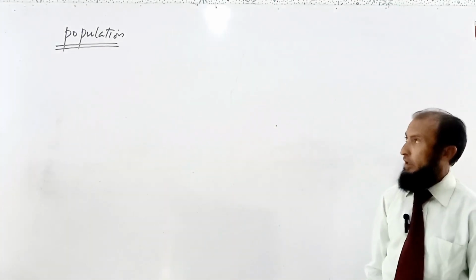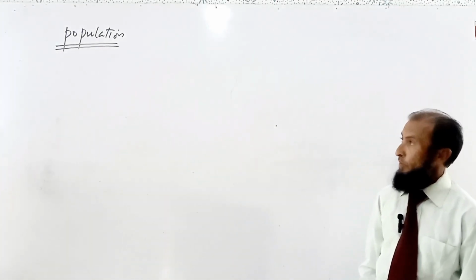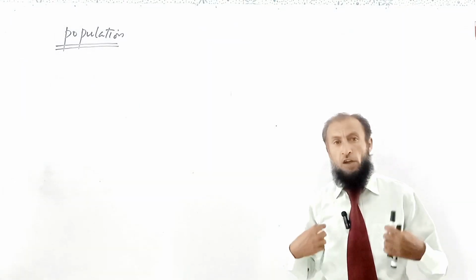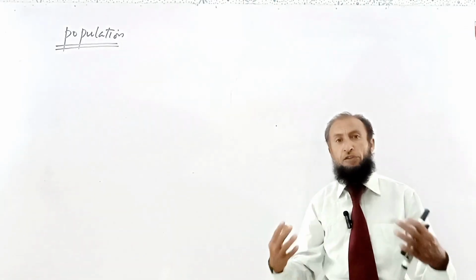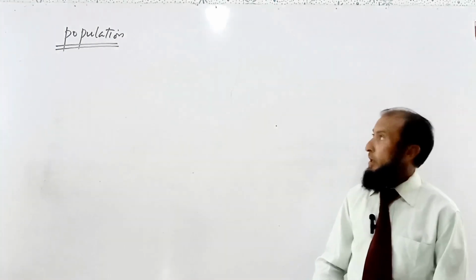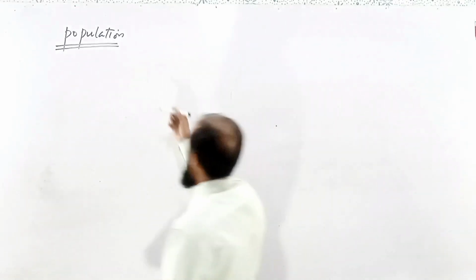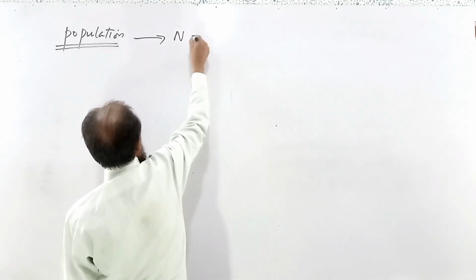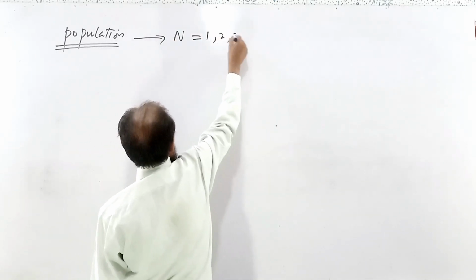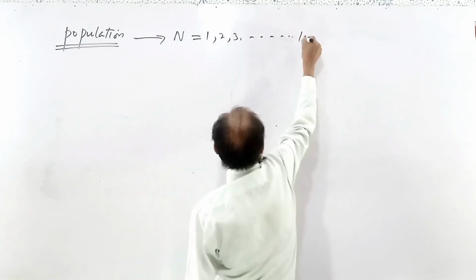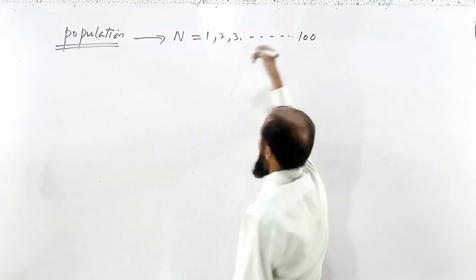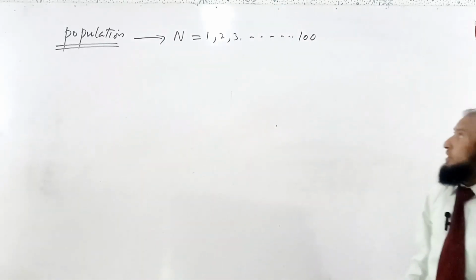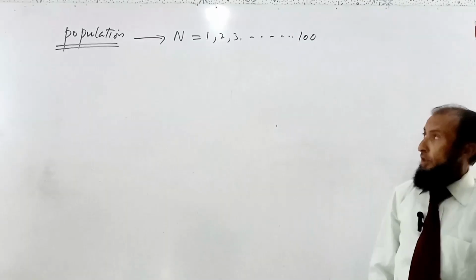For example, the whole blood circulating in our body is called a population. Population is generally denoted by its size, capital N. For example, if there are 100 people, that will be called a population.